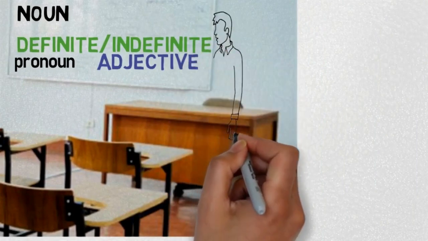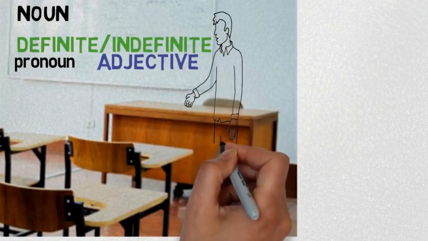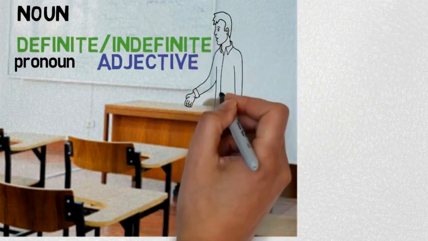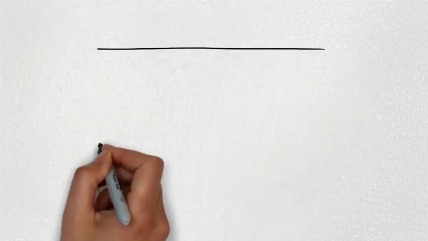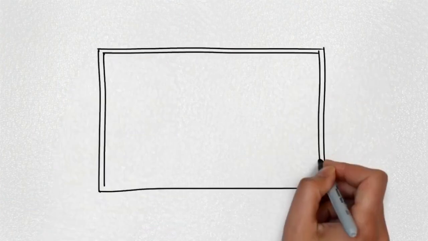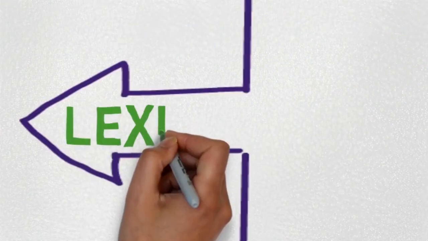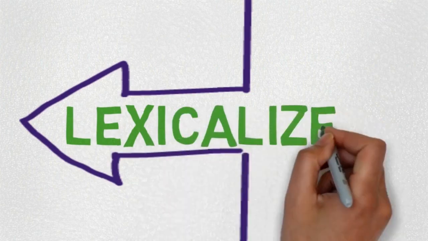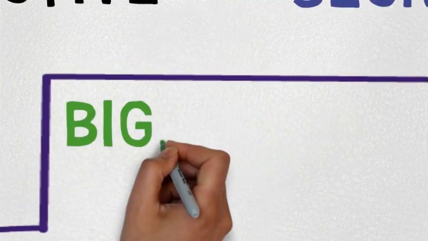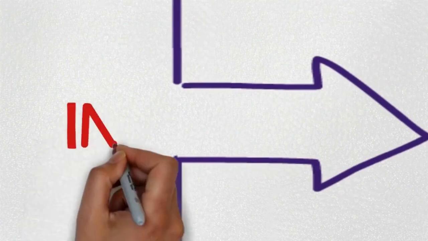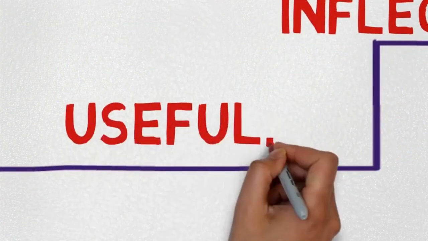The main function of adjectives is to modify and describe nouns or noun phrases. In English, they are often placed before nouns, except for a number of phrases in legal and political texts where adjectives follow nouns. English adjectives are of two types: lexicalized, like big, happy, or inflected, like useful, dangerous.